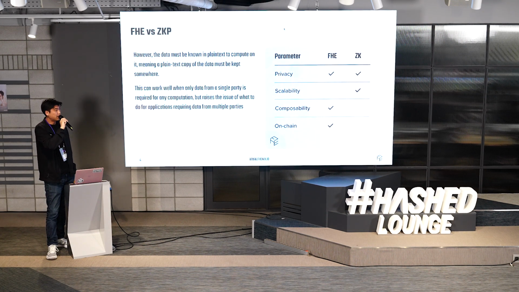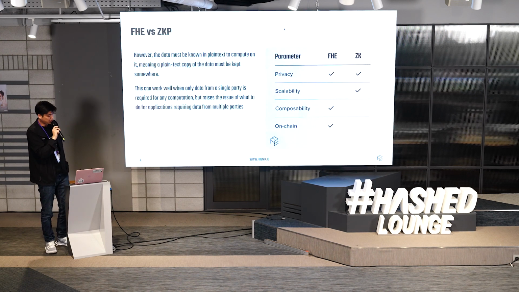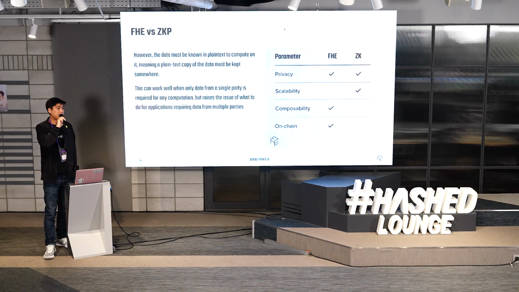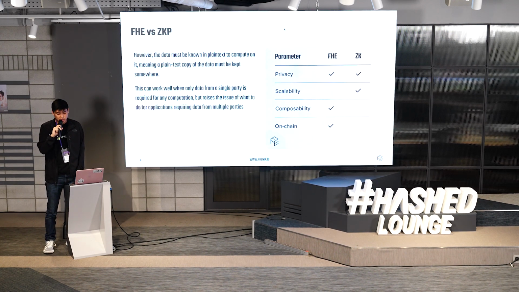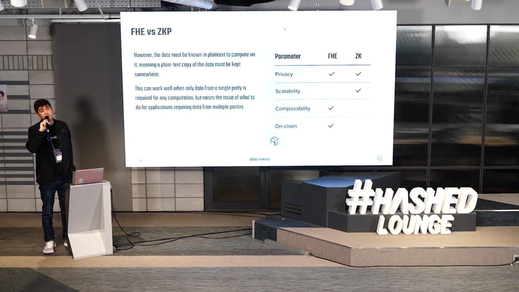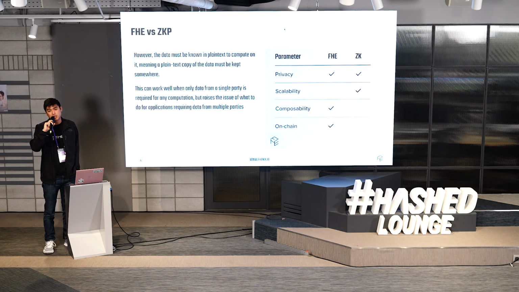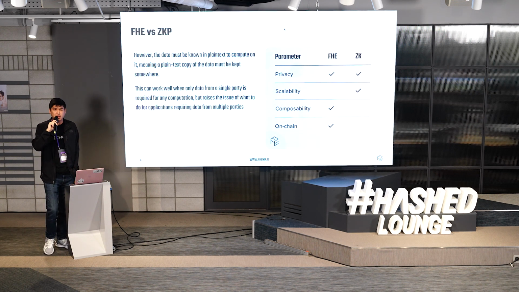But there are benefits to FHE in terms of composability, and the actual operations on state can be done on chain. And in terms of scalability, I would say that FHE is actually scaling in throughput quicker than I think a lot of people are aware of. For example, something such as ciphertext over ciphertext division was thought of as impossible as recently as December, early 2024 in January.